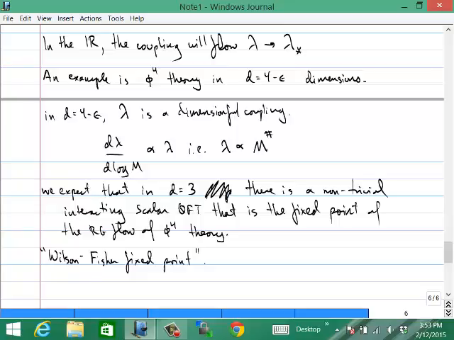And then I'll hopefully have time to present some comparison with experimental data, where people have experimentally measured the critical exponents of these various systems and compared them to the expectations based on this Wilson-Fisher fixed point.